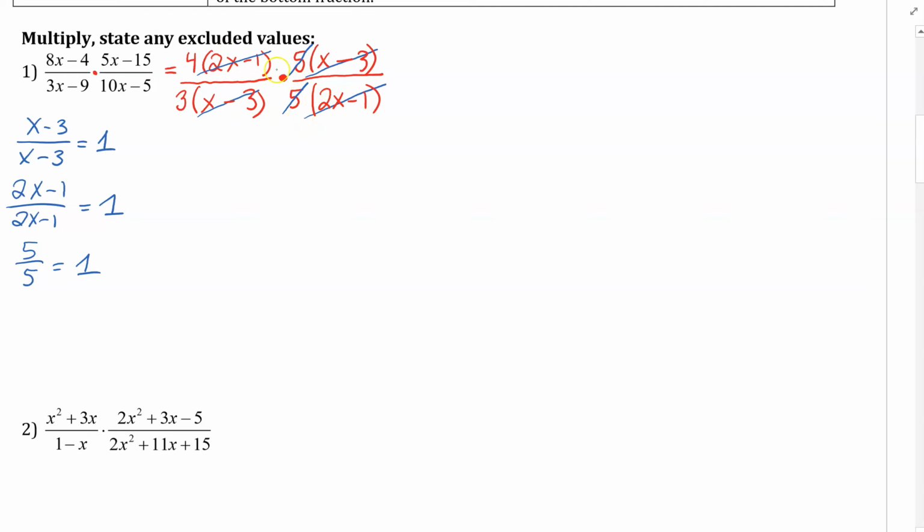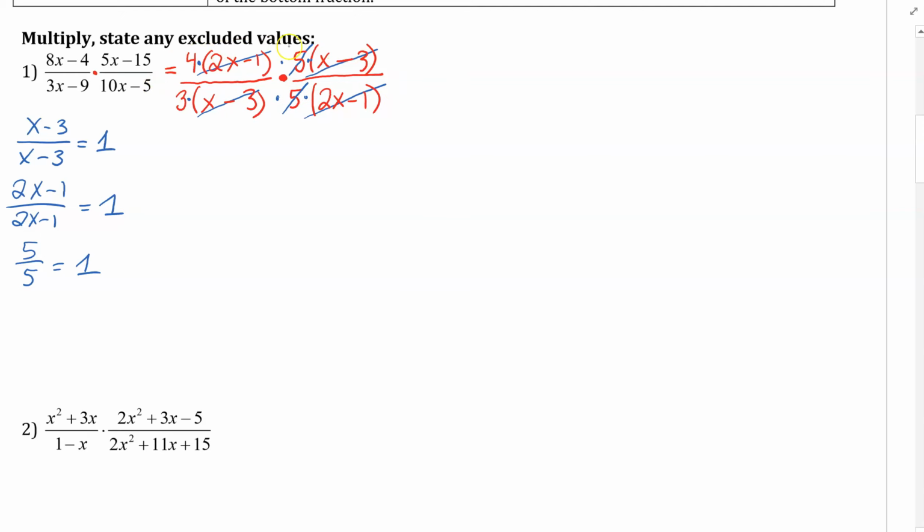The reason you can cross cancel is because each of these things, the number 4, the quantity 2x minus 1, the number 5, the quantity x minus 3, they're all being connected through multiplication. It's one long string of multiplication, and same thing in the denominator. 3 is being multiplied to x minus 3, which is being multiplied to 5, which is being multiplied to 2x minus 1.